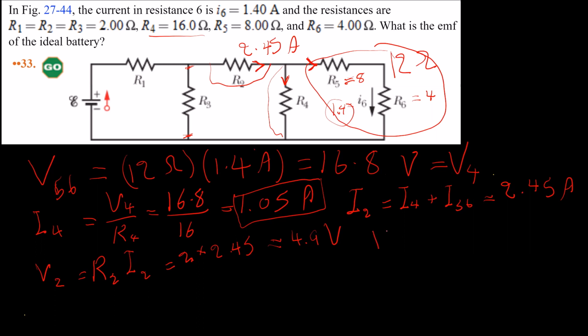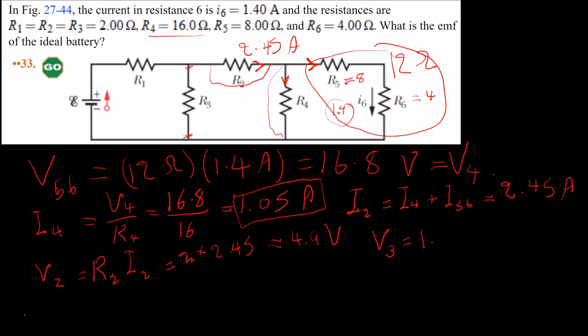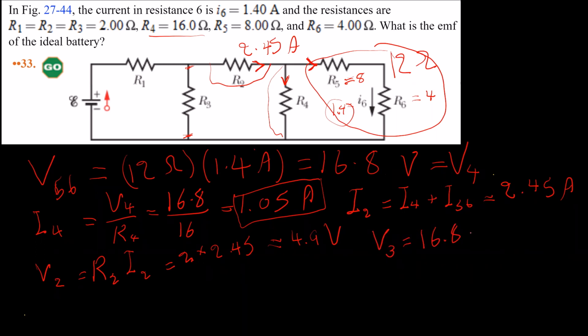So V3 is 16.8 volts plus 4.9, which is 21.7 volts.